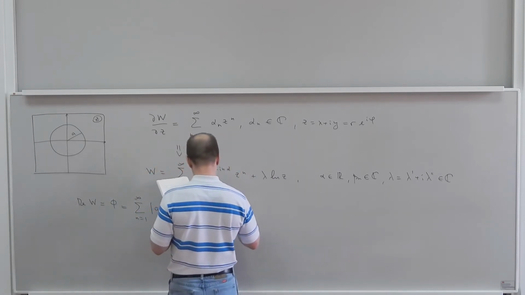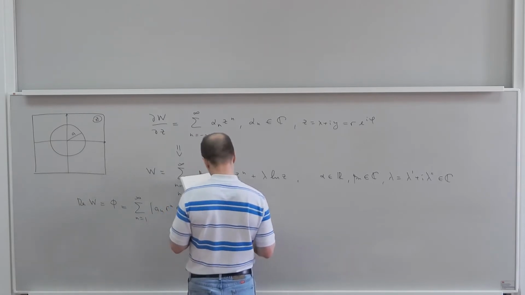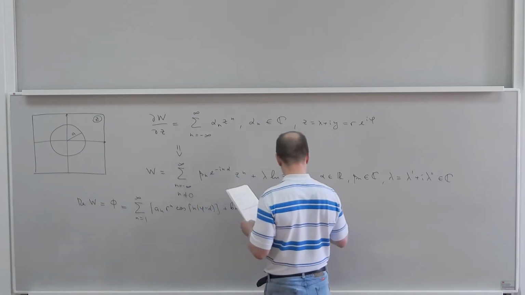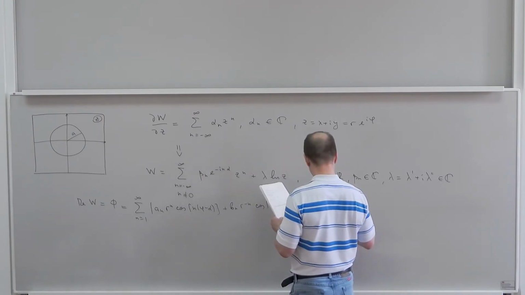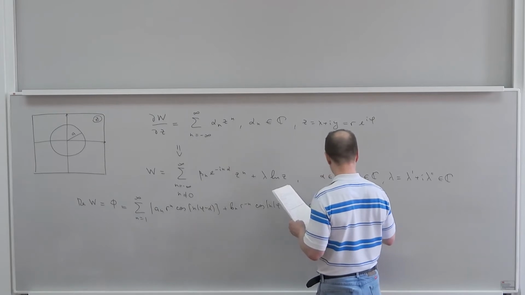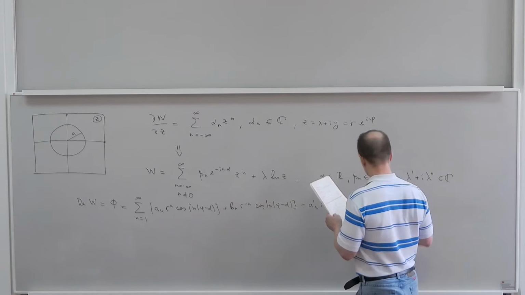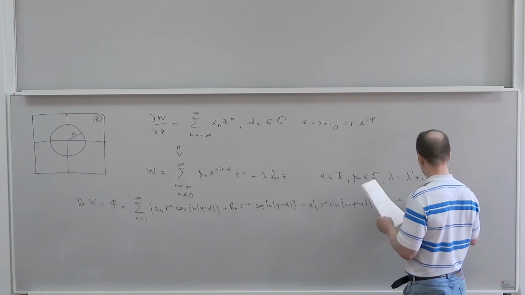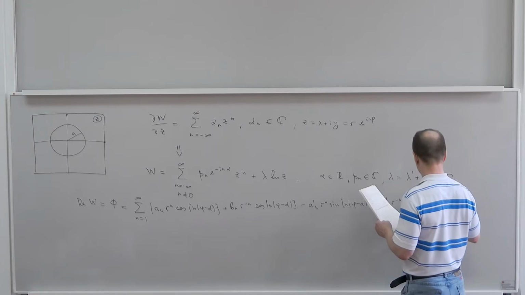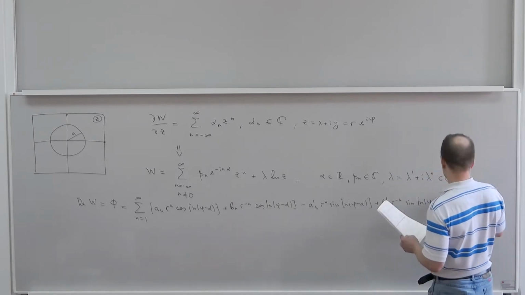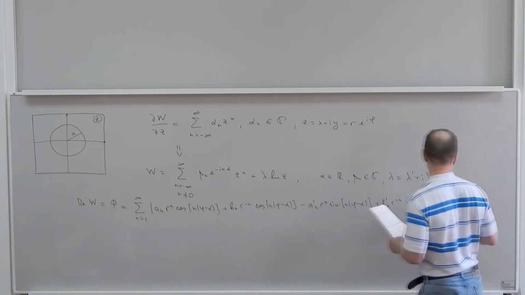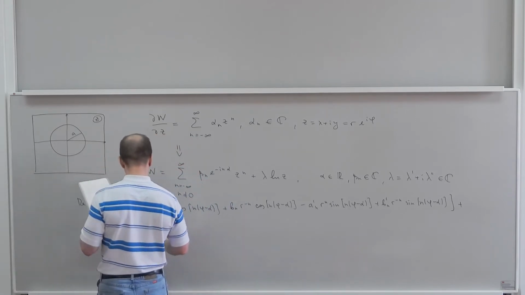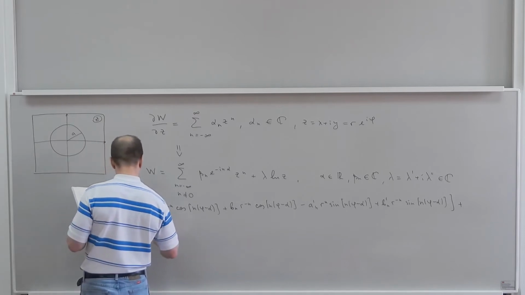Then we have this for this series, and as for the term lambda times logarithm of z, its real part reduces to the following form.